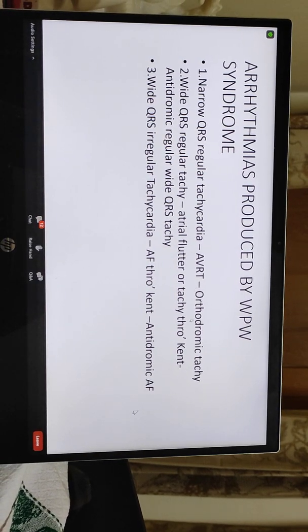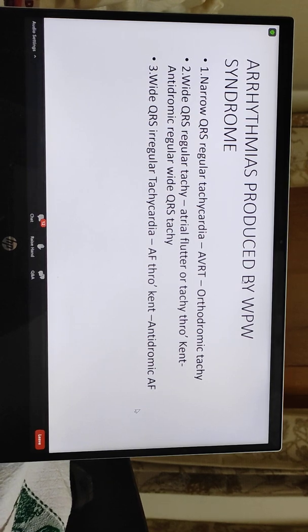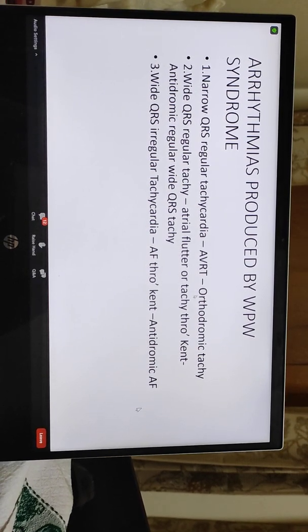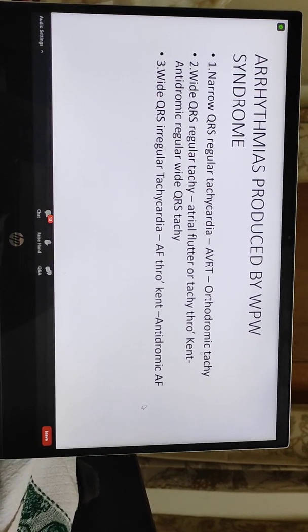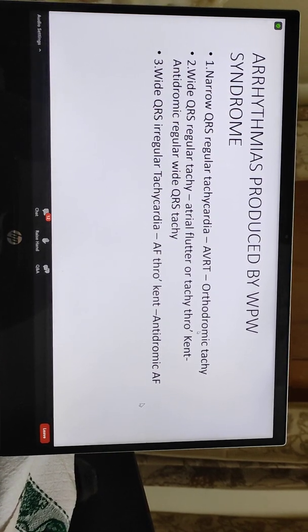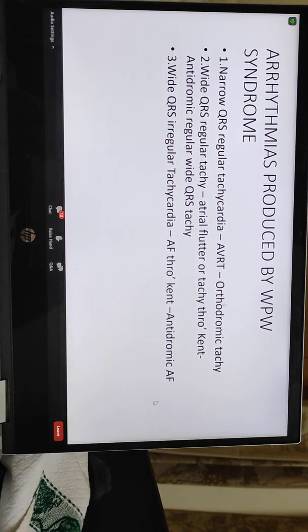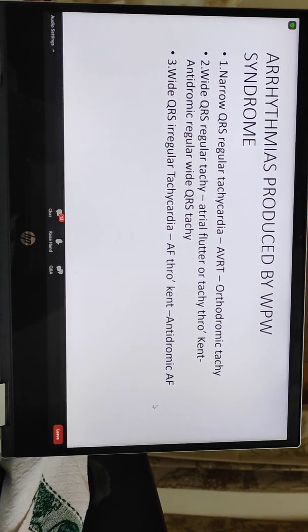We call them orthodromic tachycardia. So whenever there is a narrow QRS tachycardia due to WPW pattern or a Kent bundle, we call it orthodromic tachycardia, by which we mean antegrade conduction is through the normal conduction pathway and retrograde conduction is through the accessory pathway. We'll explain that in subsequent diagrams.